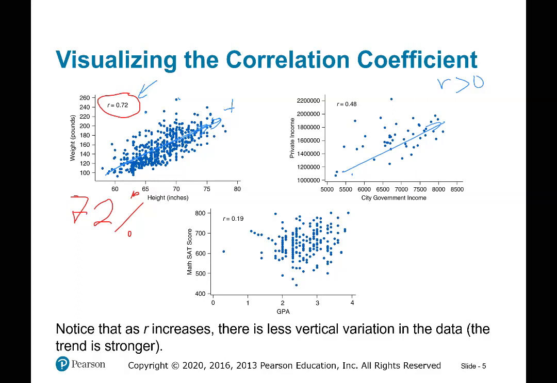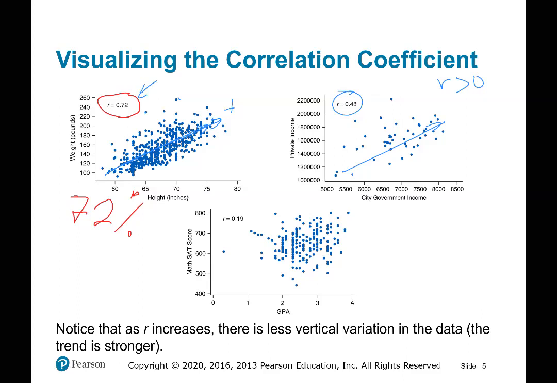So R here is far away from 1. It's maybe going to the side of 0, and that's the reason why it has R equal to 0.48.